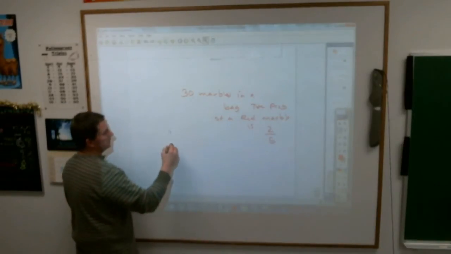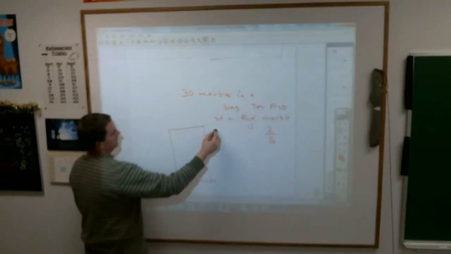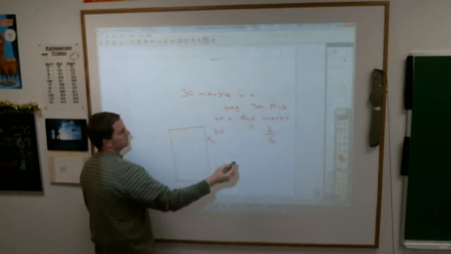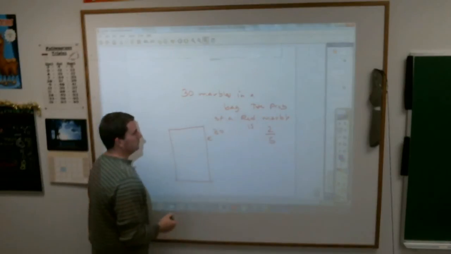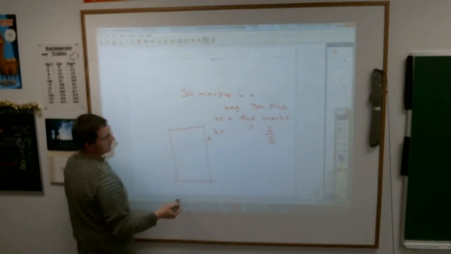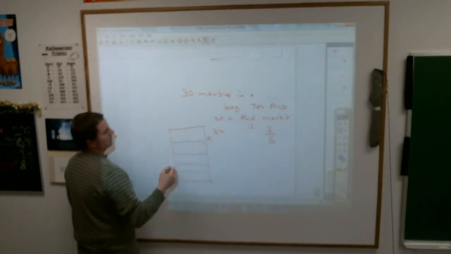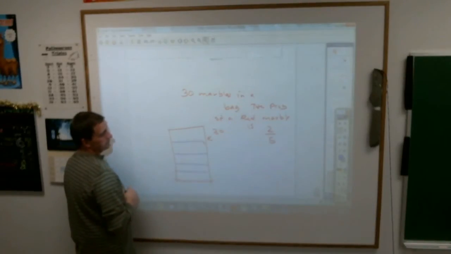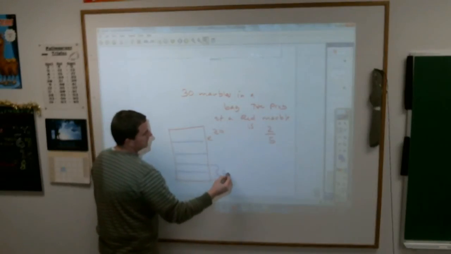It's kind of the same deal. You've got your bag. It stands for 30 marbles. You know that you're cutting 30 up 5 equal ways. 1, 2, 3, 4, 5. 2/5 would be red.